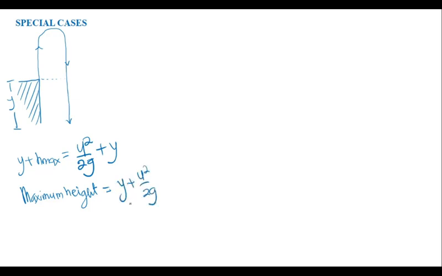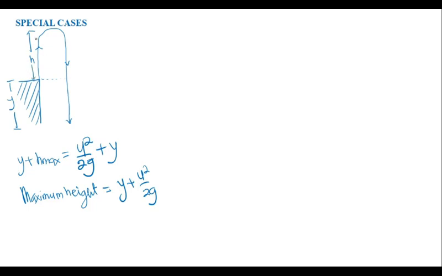Now assuming we are asked to find the total distance covered. The total distance covered includes from here up to here, and then the y, which is the distance of the cliff over here. So which technically means we need to multiply our maximum height reached by 2. What do I mean by this?